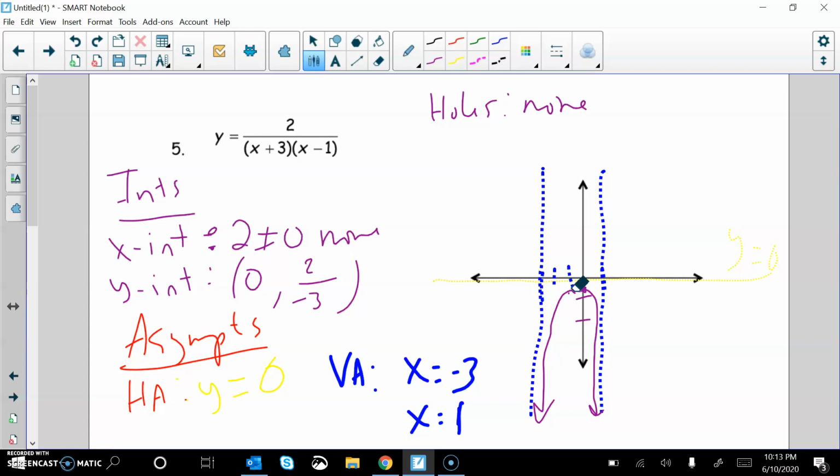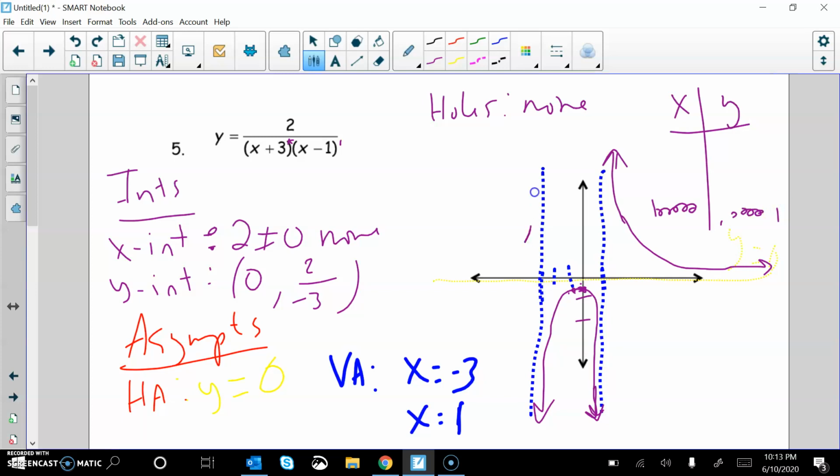My vertical asymptotes had a multiplicity of 1, so the graph will approach them in opposite directions. If it approaches going down here, it'll go up here. And then the end behavior, as x gets really, really large, so I don't know, plug in a billion, trillion, you'll get numbers that are smaller and smaller, closer to 0. All right, same thing on the other end.